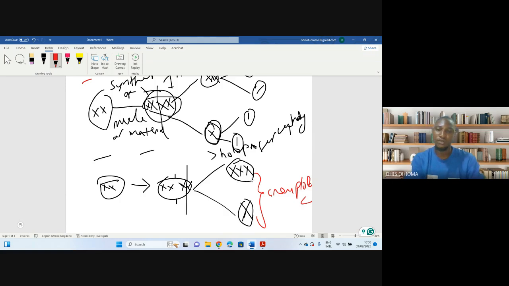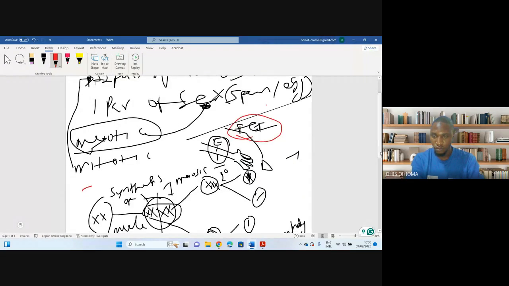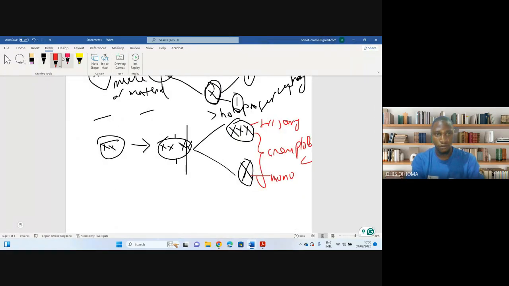And so we have 2 types of aneuploidy. We can have a trisomy, which is what you have here, and then we can have a monosomy.